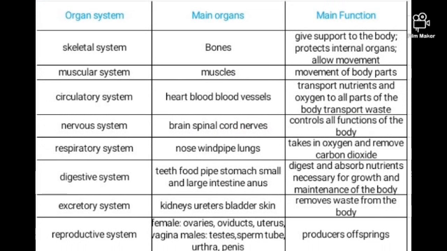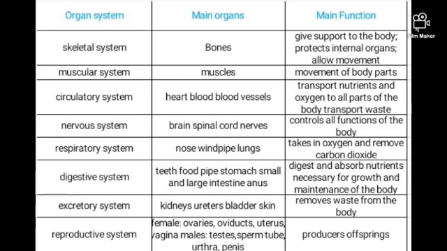The group of organs that carry out digestion of food collectively form the digestive system. Some other organ systems in our body are circulatory, respiratory, nervous, excretory, reproductive, muscular and skeletal. You can see on the screen the organ systems, their main organs and main functions. All these systems together form your body. They all work to keep you alive.